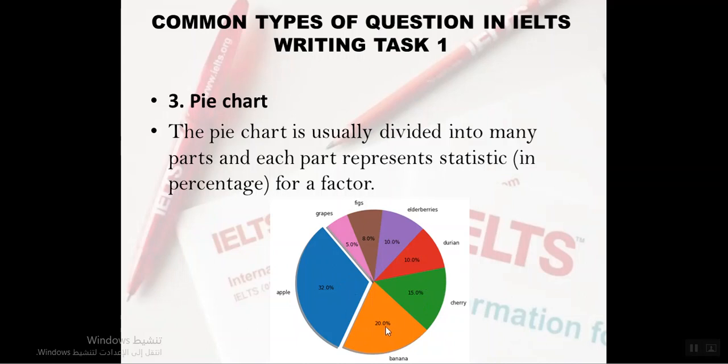In each color there is a number, which is the percentage of this factor. You're going to compare and point out the change, and see what the trendiest thing in this pie chart is.